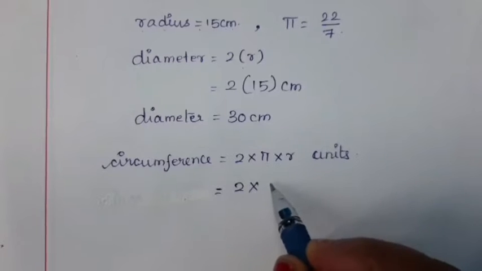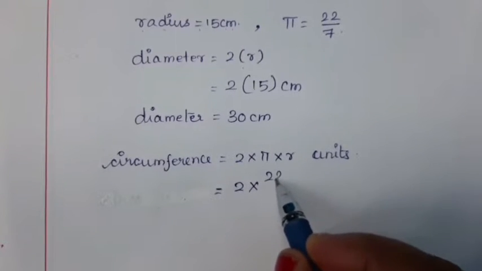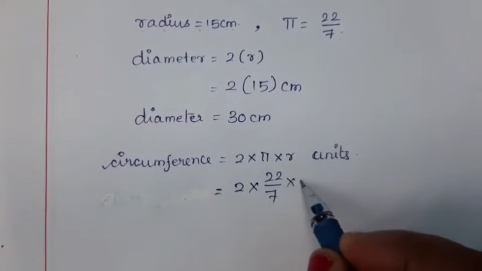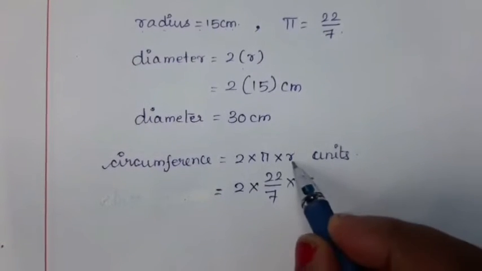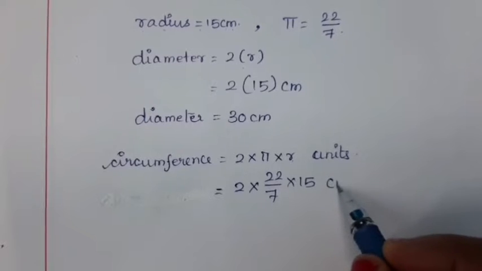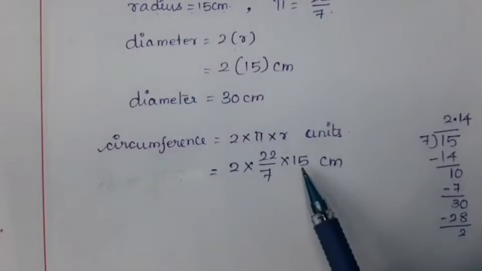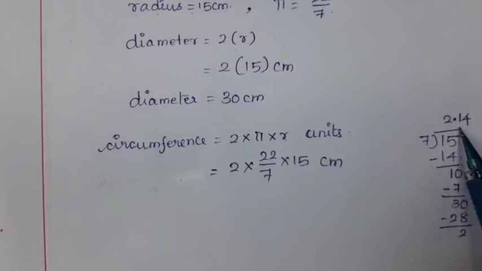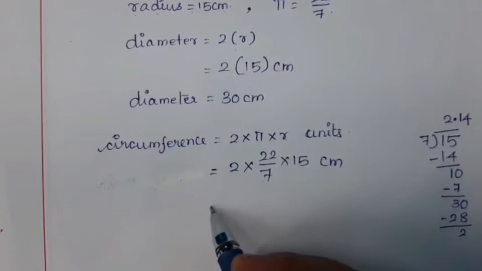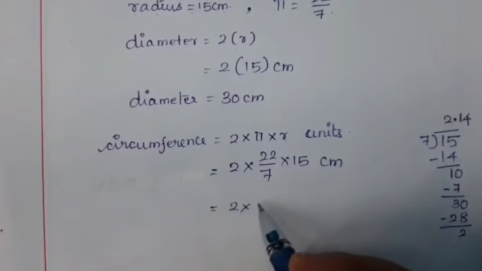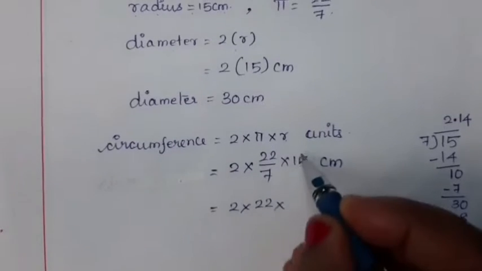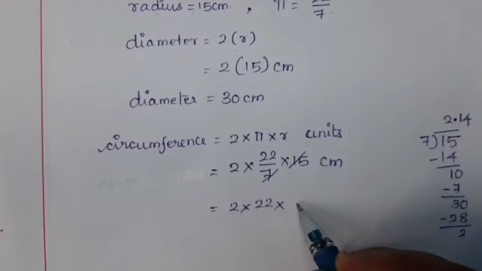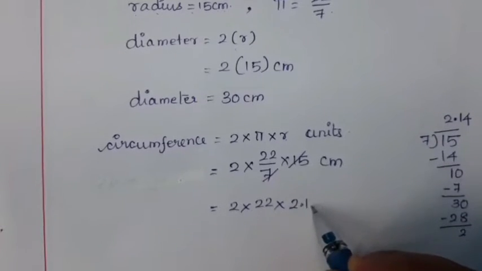That is 2 into 22 by 7, which is the value of pi, into 15, which is the value of r, centimeter. Dividing 15 by 7 is approximately 2.14. Therefore, 2 into 22 into 2.14.